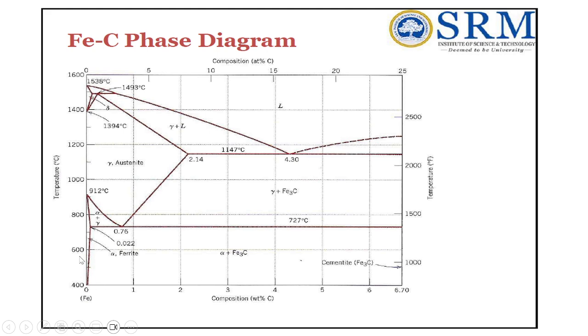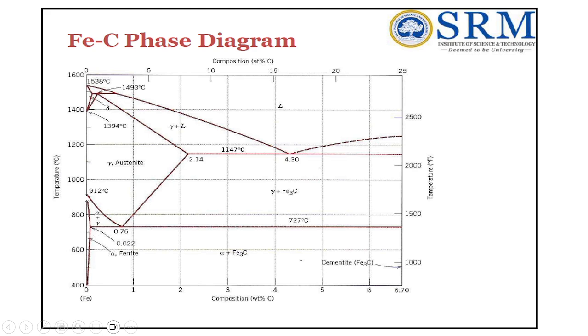At low temperature, from 0 to 912 degrees centigrade, iron will exhibit a structure called alpha iron, that is the ferrite structure. It has a BCC structure, body centered cubic.